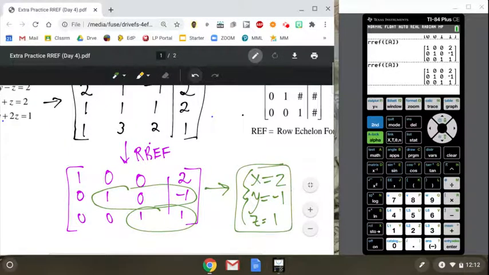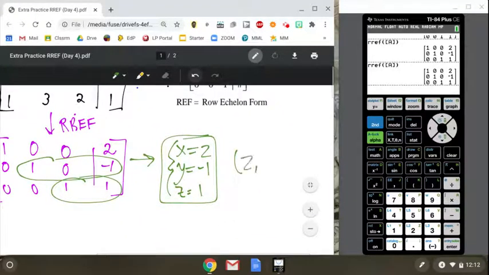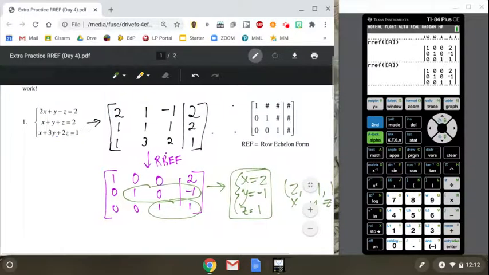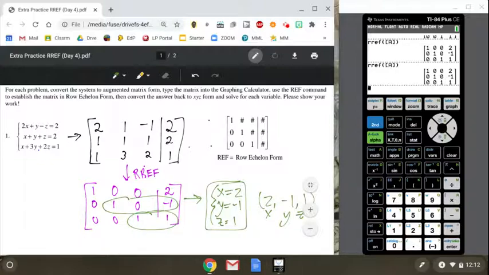There you go, an XYZ form, there you have it. Or if you would like it in an ordered triple, we could just do 2, negative 1, 1 for x, y, z. That's it. Do RREF in your calculator. Man, that makes life easy, doesn't it? If only someone would have told you about that trick a year or two ago.